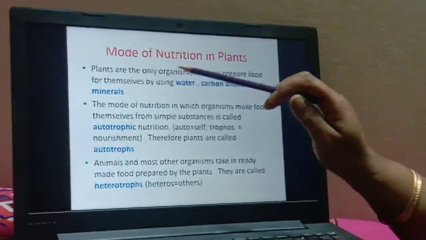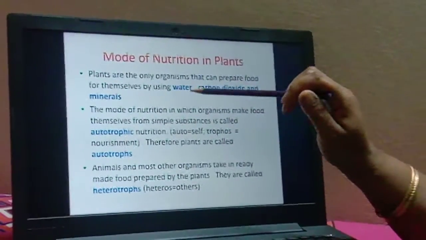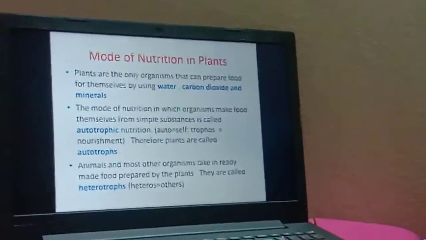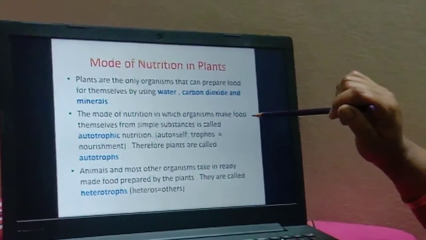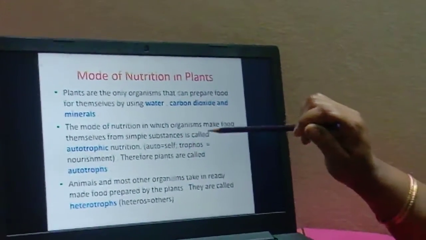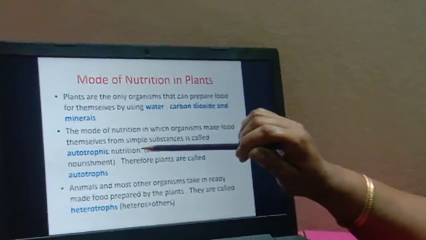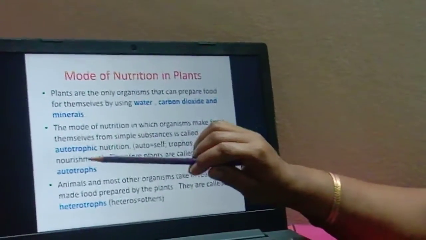Plants are the only organisms that can prepare food for themselves by using water, carbon dioxide and minerals. The mode of nutrition in which organisms make food themselves from simple substances is called autotrophic nutrition. Auto means self and trophos means nourishment.